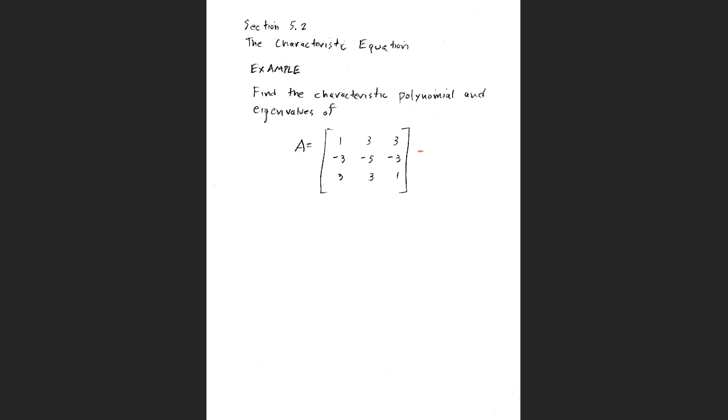So here we want to find the characteristic polynomial and eigenvalues for this matrix A. Now, the characteristic polynomial is the characteristic equation without the equals 0. It's the left-hand side of the characteristic equation.